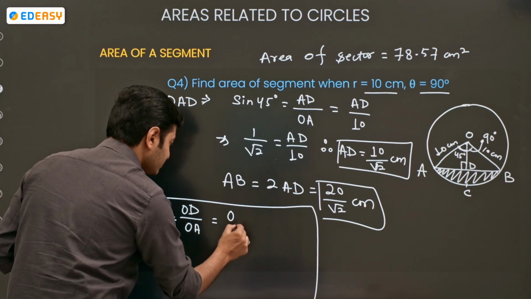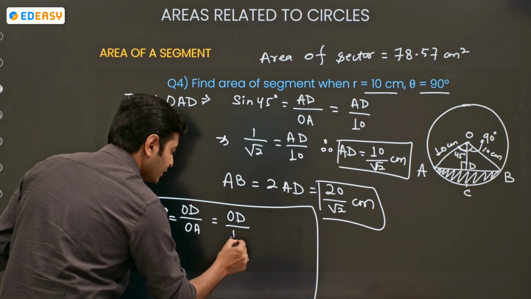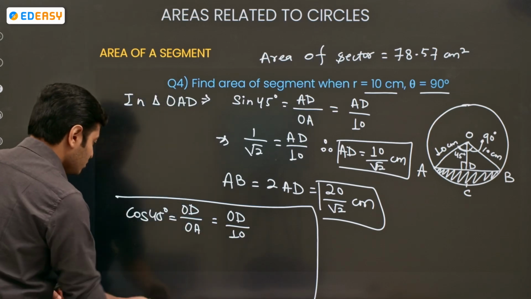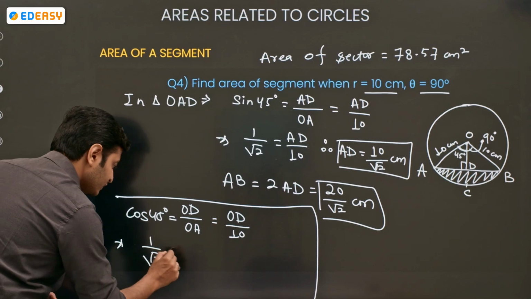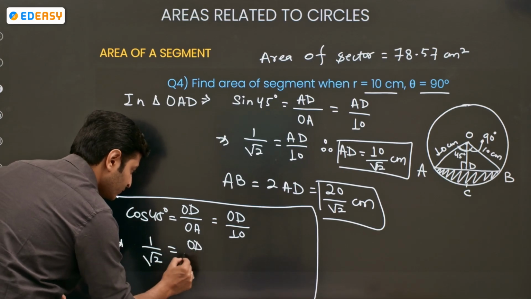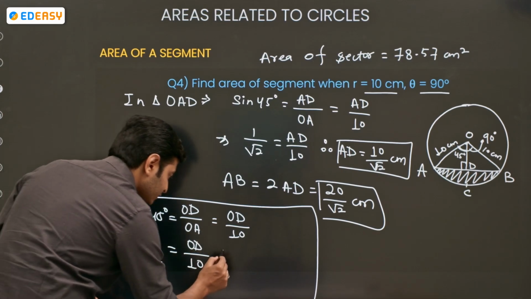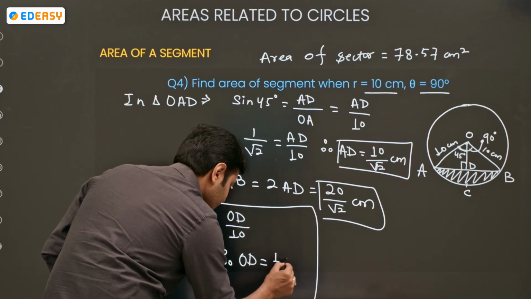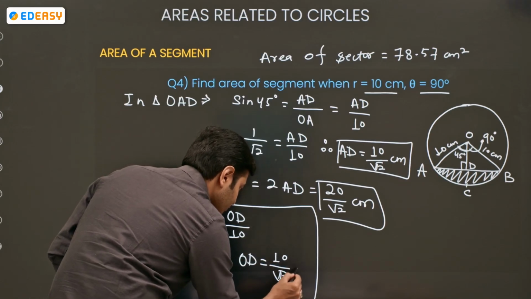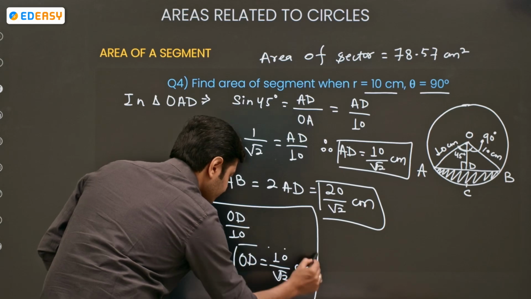That will be OD is unknown and OA is again 10 only. So cos 45 is also 1 by root 2, right, is equal to OD by 10. Therefore length of OD is 10 by root 2 centimeter.